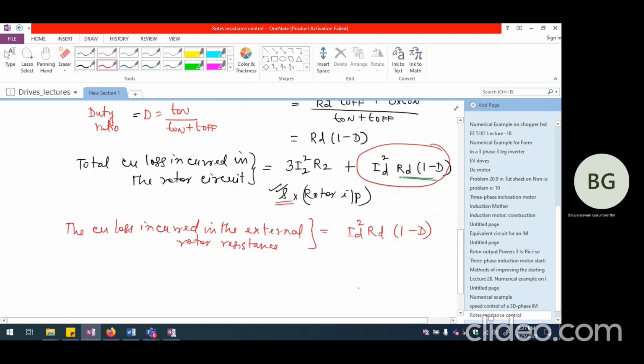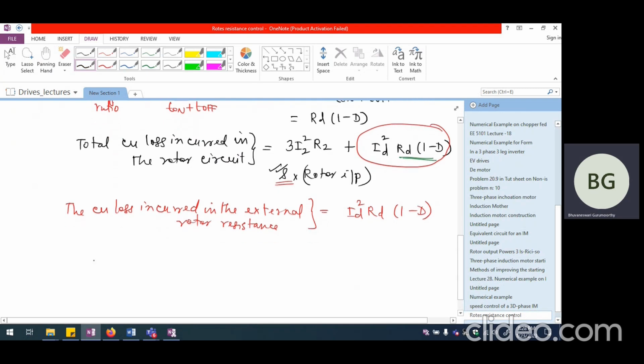Okay. Now what we need to do is, if I am representing the induction motor in the form of a per phase equivalent circuit, I would say V1 is the input voltage per phase on the stator side, and R1 and X1 are the stator winding resistance and leakage reactance respectively.